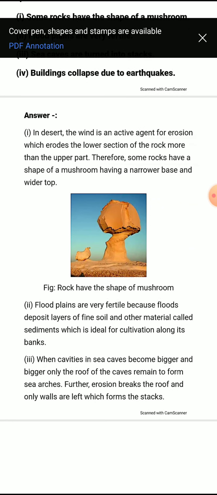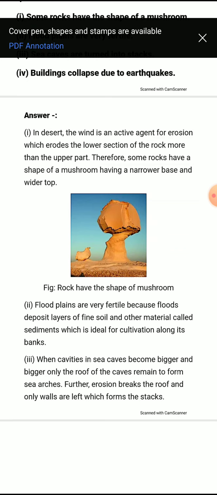Floodplains are very fertile because floods deposit a layer of fine soil and other material called sediments, which is ideal for cultivation along its bank. Okay, because they have so much sediment, and sediments means what? Small particles of sand only. That's why these plains are very fertile.